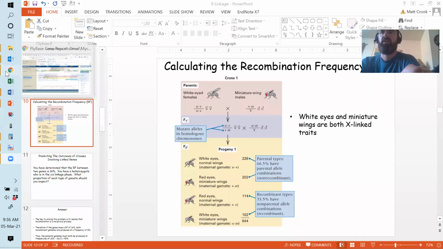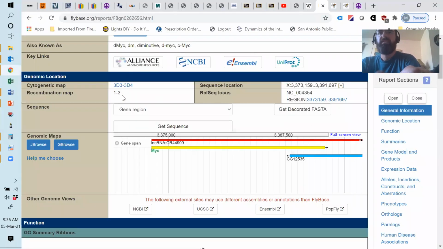Let me show you, it's kind of neat. This is the recombination distance, just to show you what this kind of information looks like. This tells you that it's on the X chromosome. This is what the gene looks like, and this is its physical distance, in millions of bases.